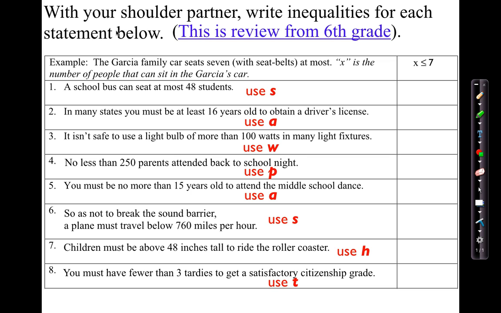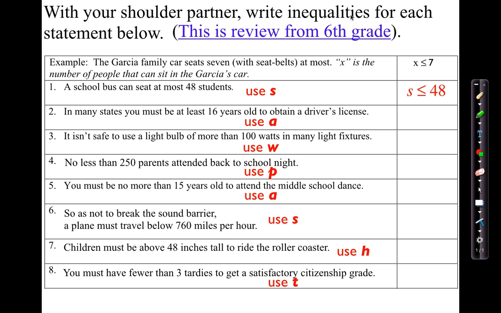For the most part, if it can seat at most, we know it's going to be less than that, for sure. So now the only question is, will it also be able to seat 48 students? The answer is in this case, yes. So it's going to be S is less than or equal to 48.